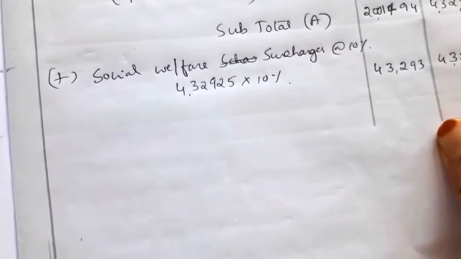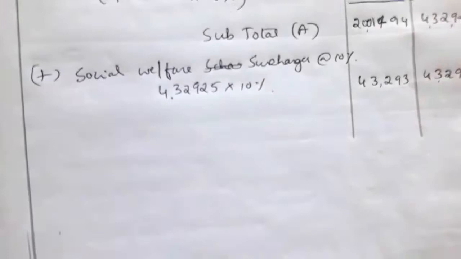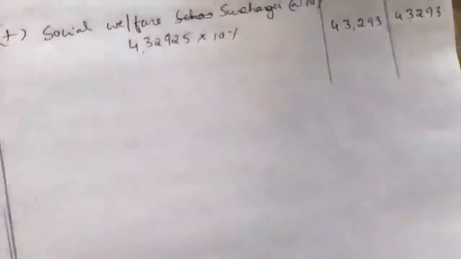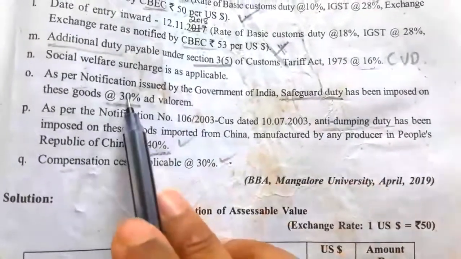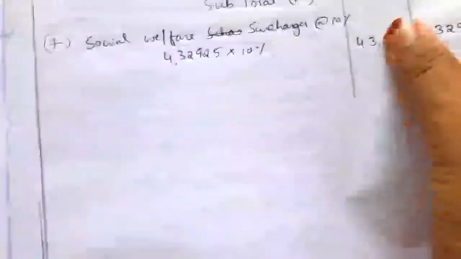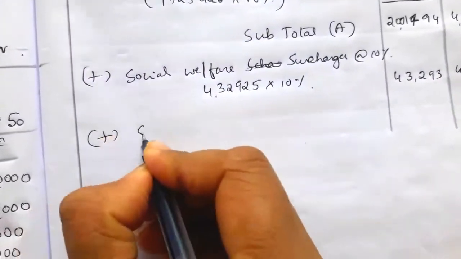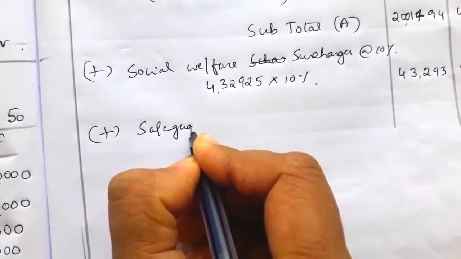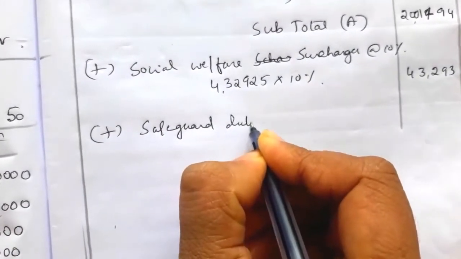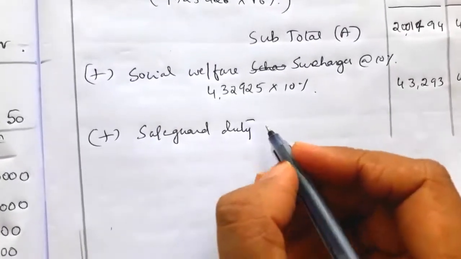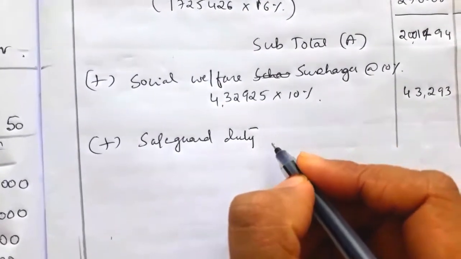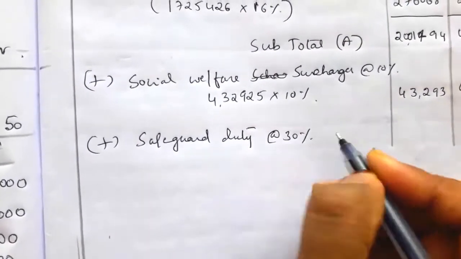Next we have to add safeguard duty and anti-dumping duty if it is given in the illustration. Here they have given safeguard duty at 30%, calculated on AV.